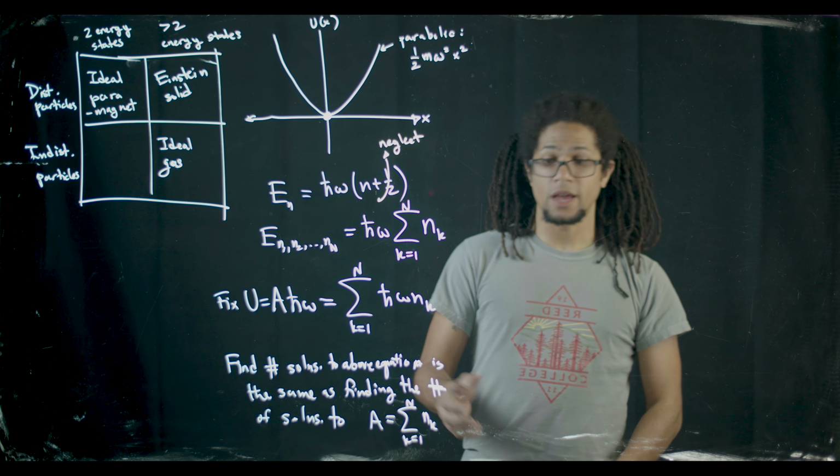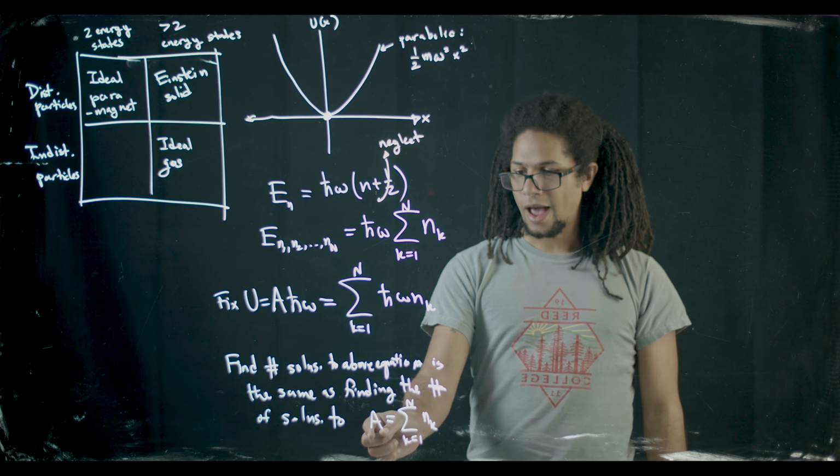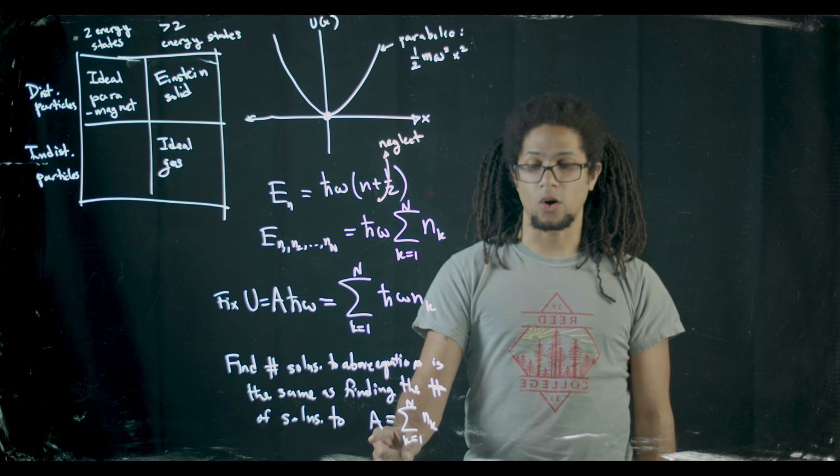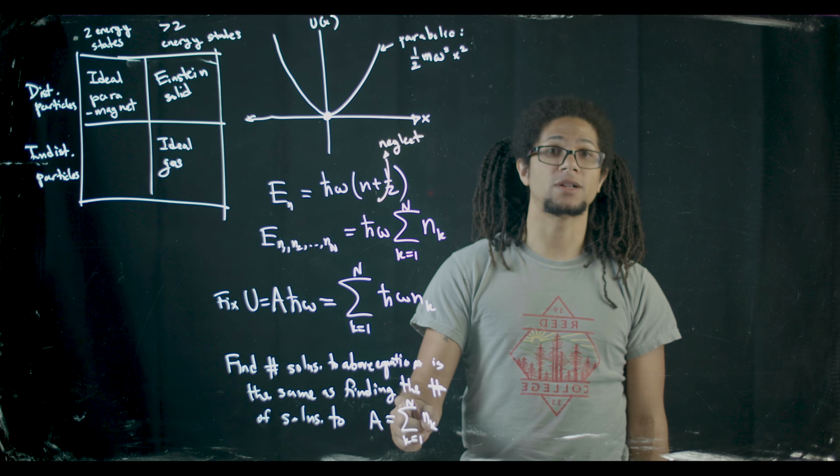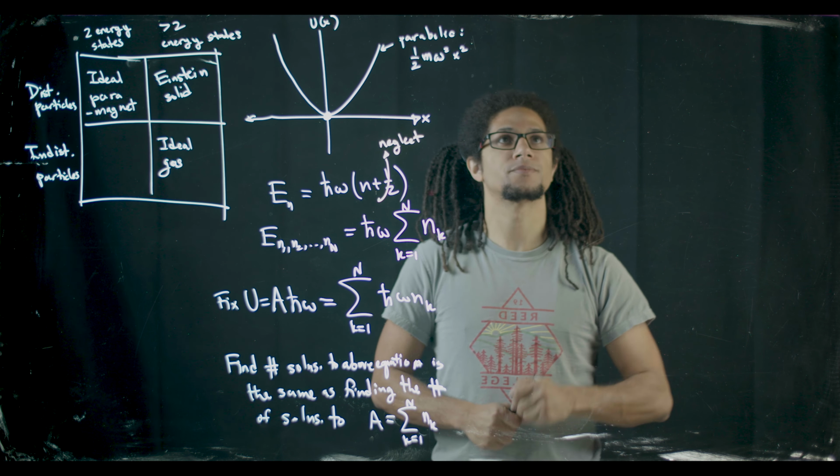In other words, how many different ways are there to break A into capital N different parts?